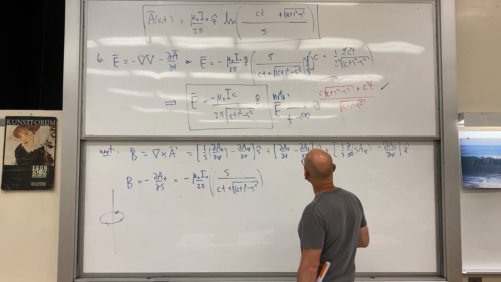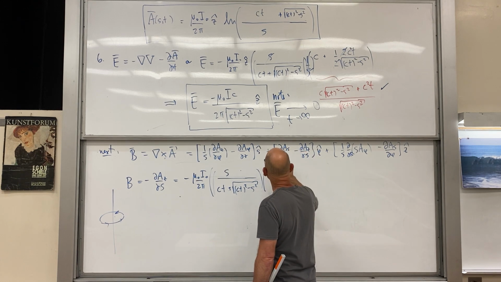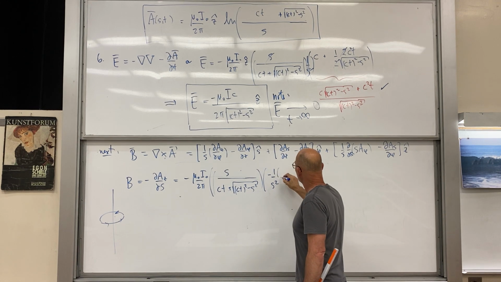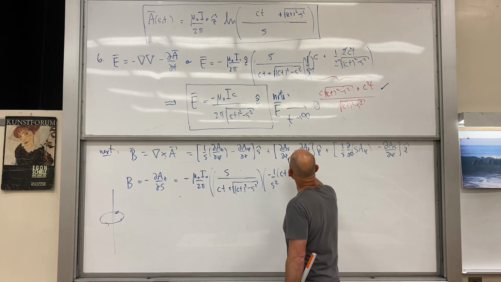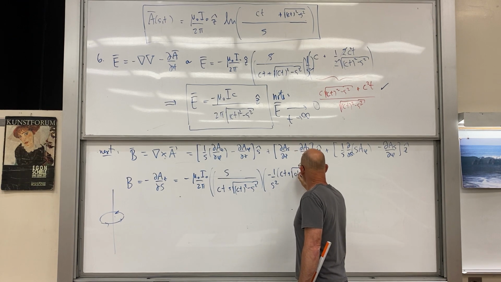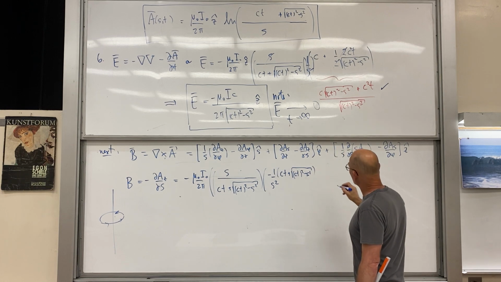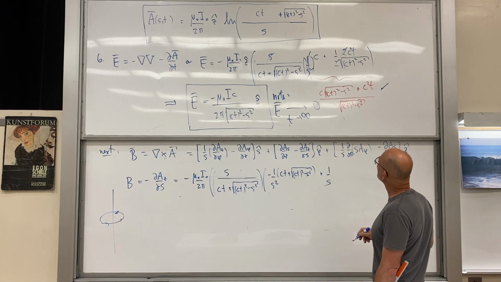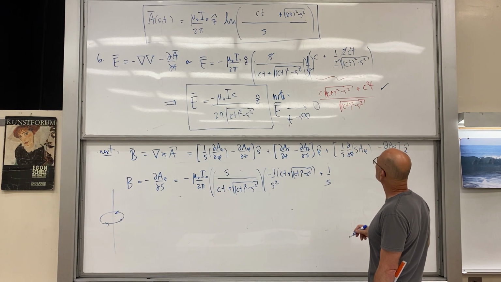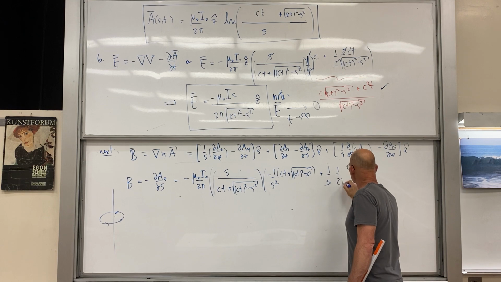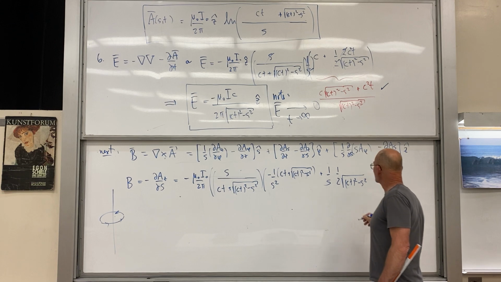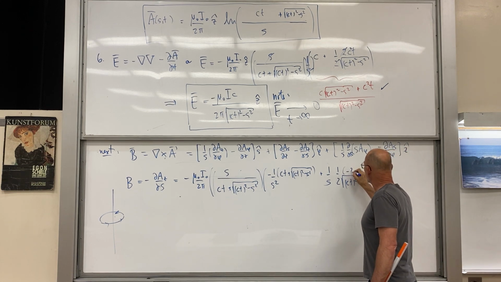And then we have the inner derivative, which is minus 1 over S squared times that numerator, CT plus root CT squared minus S squared, plus 1 over S times 1 over 2 root CT squared minus S squared, that's the denominator, and then times minus 2S.